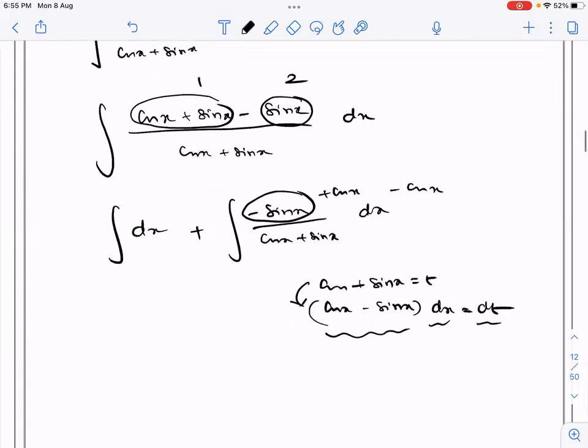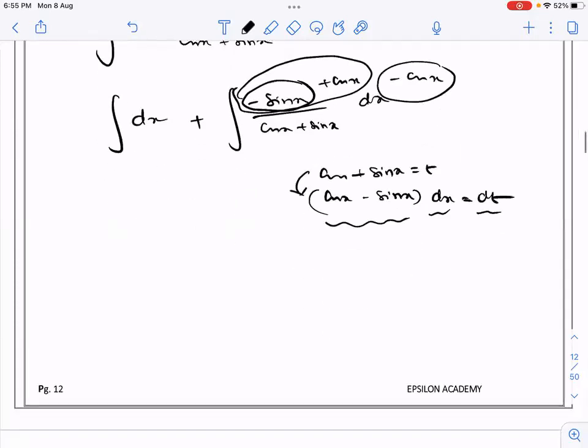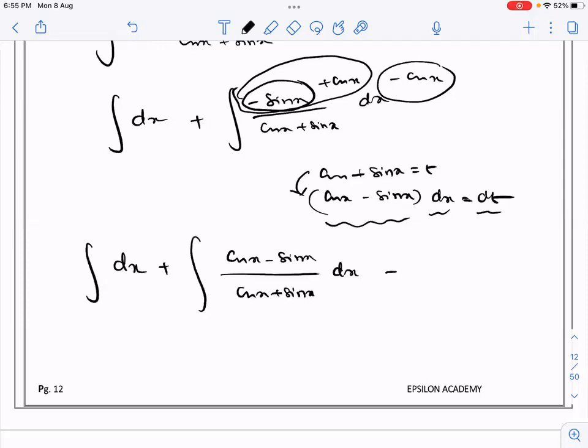When I do this, this whole thing can be treated as one term and this minus cos x divided by cos x plus sin x can be treated as another term. So integral of dx plus integral of cos x minus sin x divided by cos x plus sin x dx minus integral of cos x divided by cos x plus sin x dx.